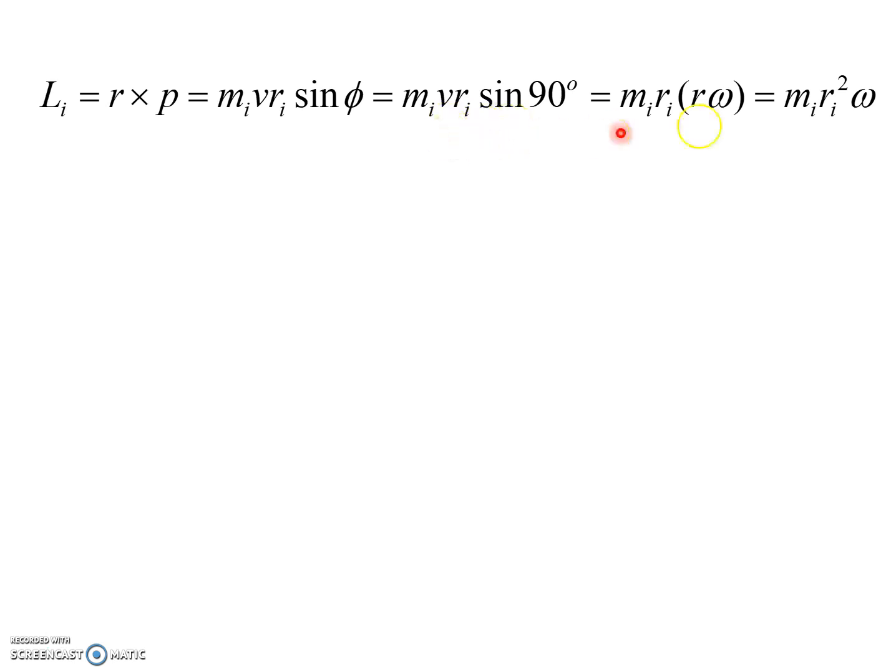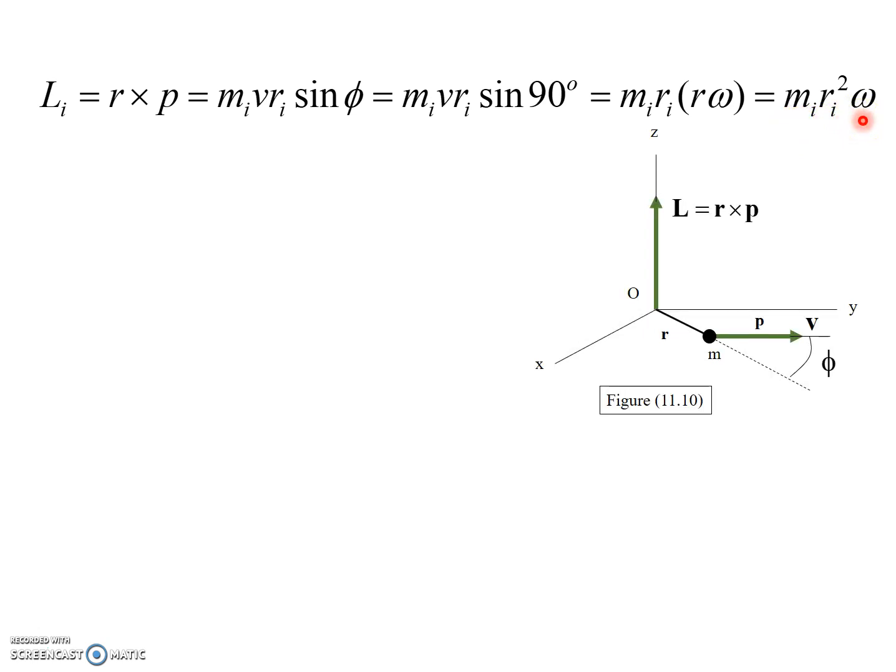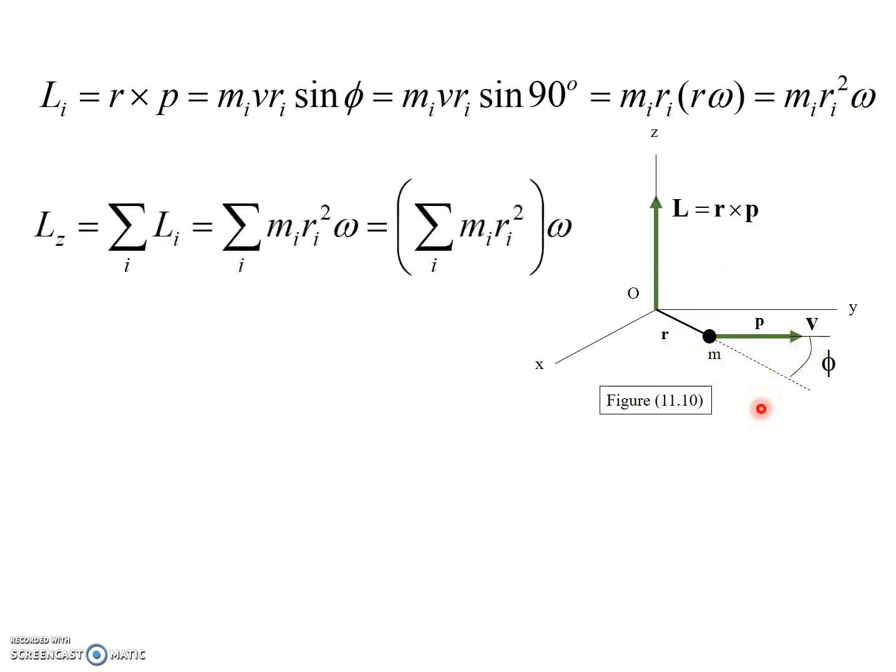So v is replaced with r omega, so we have m_i r_i squared omega, as shown in the figure, where r and v are perpendicular with each other. If we want to find the total angular momentum, when we look at m_i r_i squared, that is actually the equation to calculate the moment of inertia of the system, where the equation for L can be written as I omega.